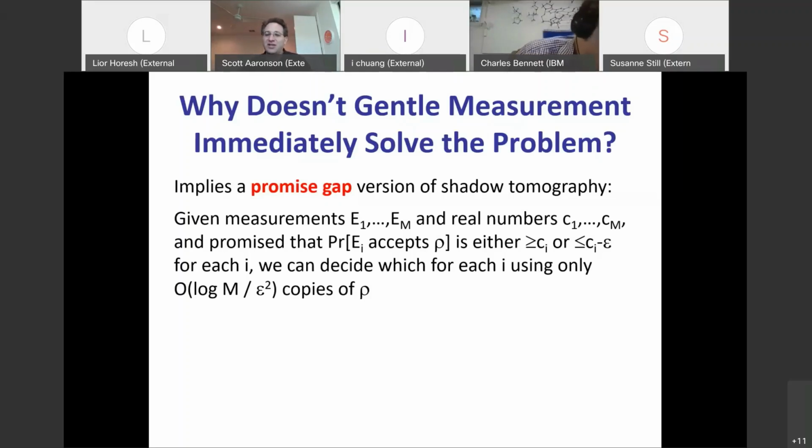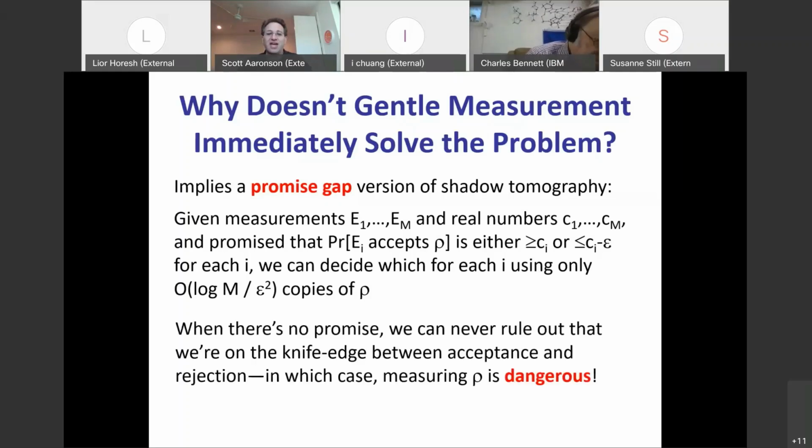Okay, but the procedure really depended on that promised gap. Okay, and now if there's no promise like that, then you can never rule out a priori that one or more of your measurements, EI, might be right on the knife edge between what you want to count as a yes outcome and what you want to count as a no outcome.